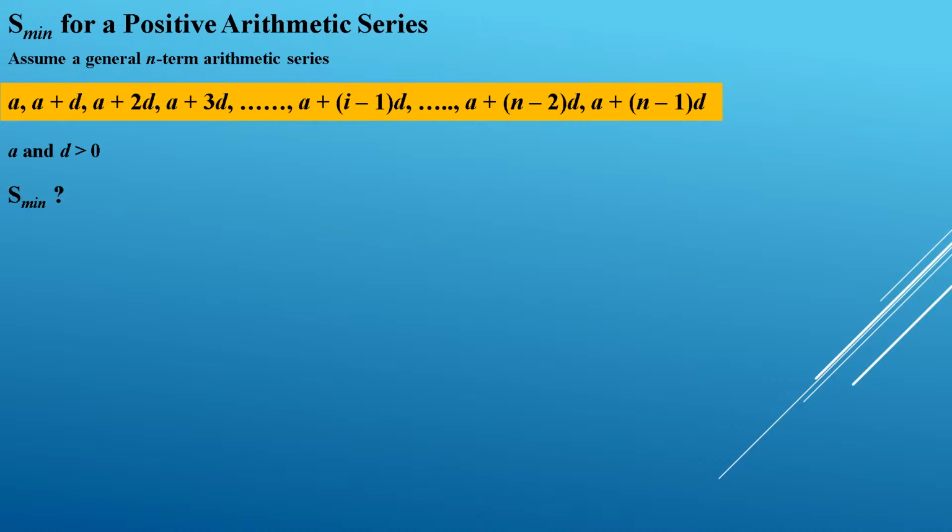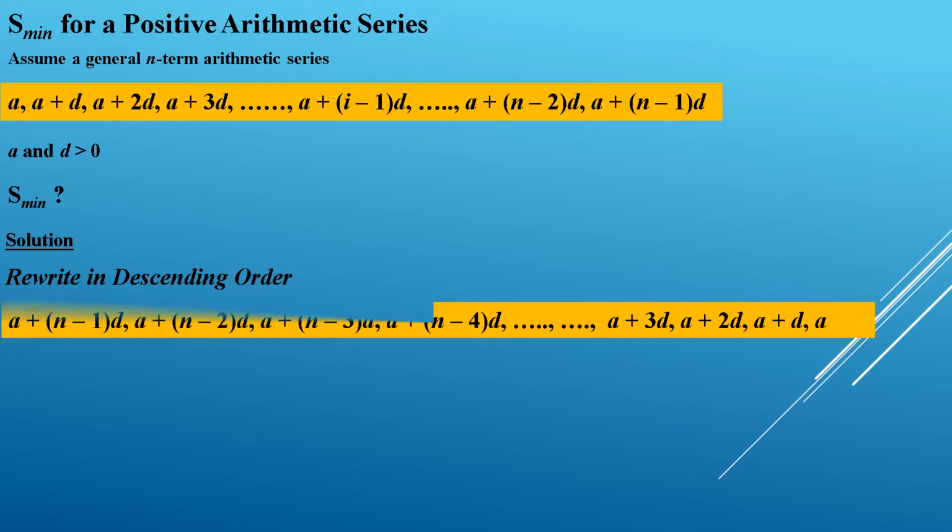Now the question is, what is the expression for the minimum sum, using the same theory as we introduced in our last presentation? The analysis or the solution here is fairly simple. If you remember from the algorithm we introduced in our last presentation, the first step is to rewrite the sequence of numbers in descending order, from the largest to the smallest.